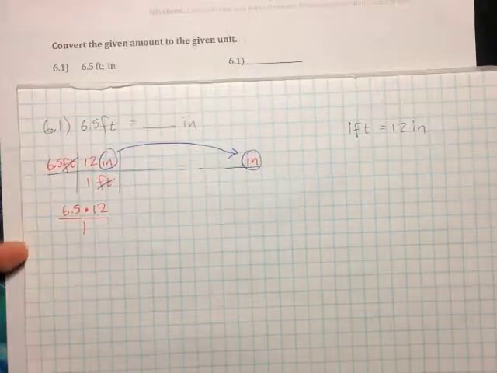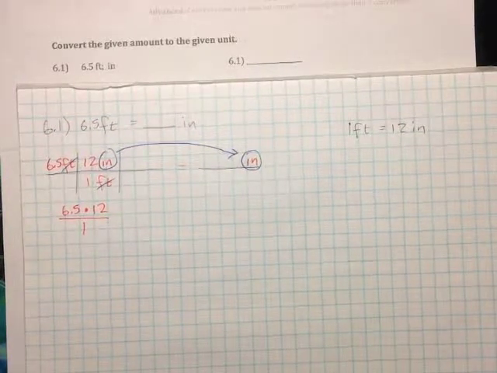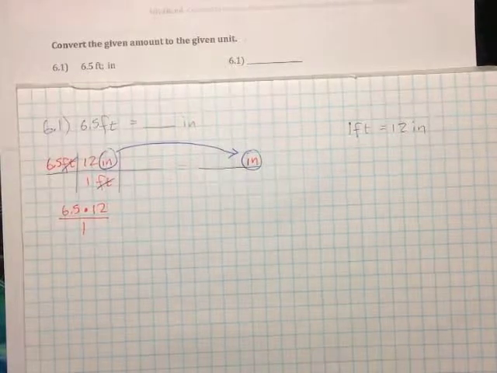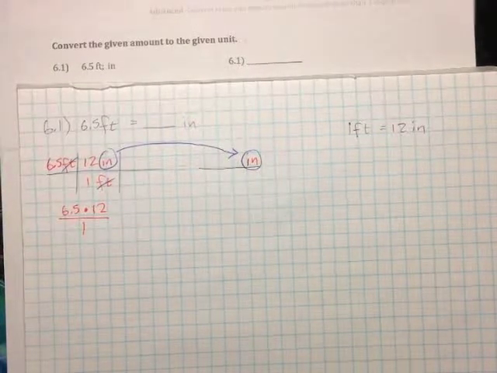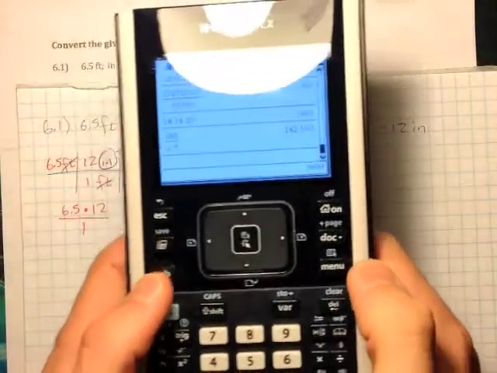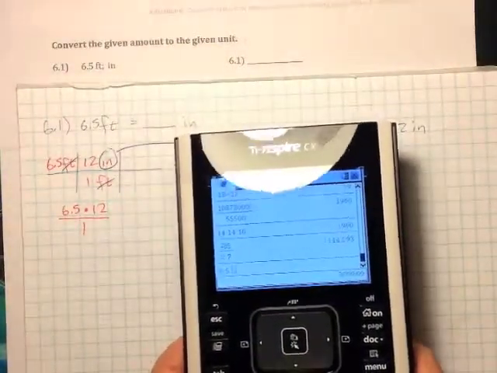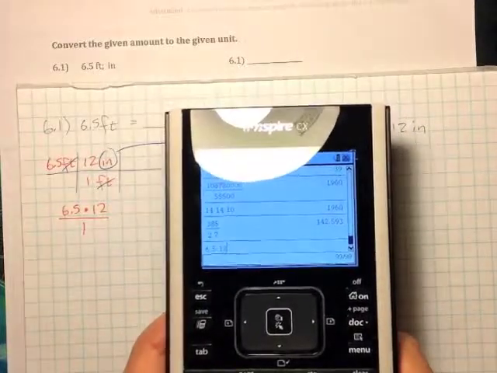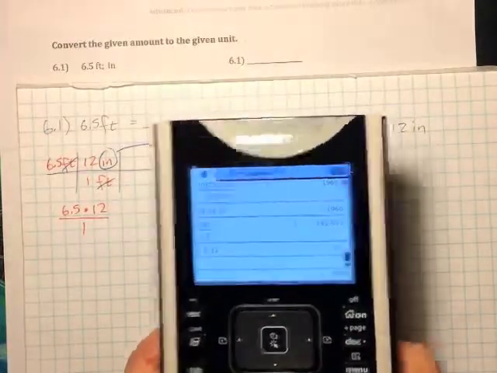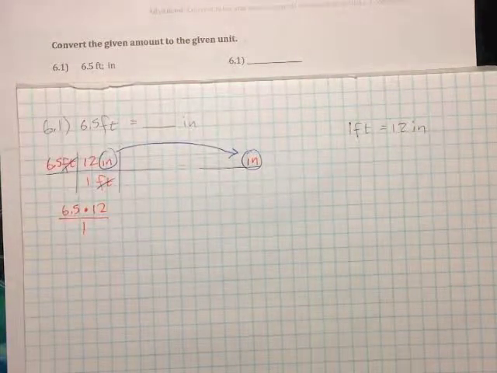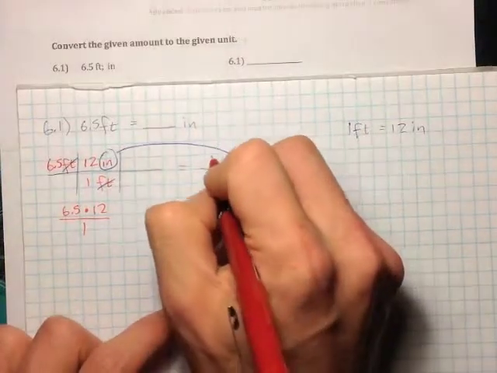Okay? So, let me get my calculator real quick. Alright. 6.5 times 12 equals 78. So the answer is 78 inches.